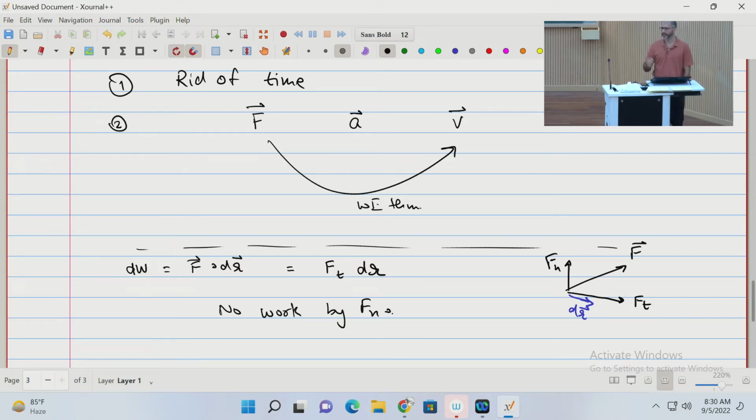So we understand if you take a string and rotate it, then the tension that we have here is simply acting normal to the direction of velocity. So there is no work done by that. And that is the reason you do not see any change in the magnitude of velocity.